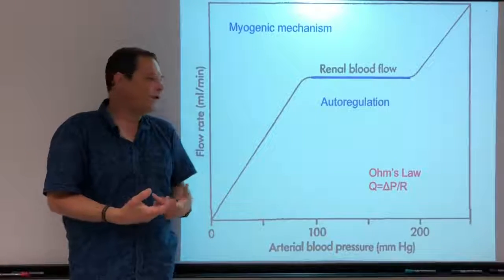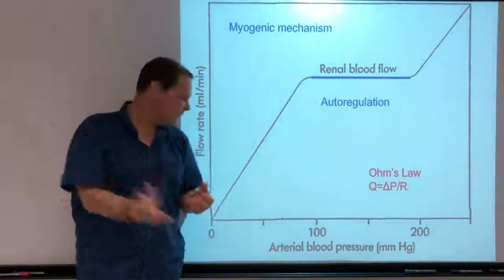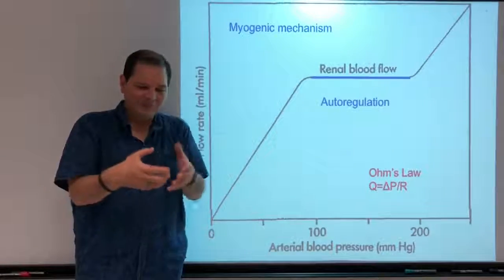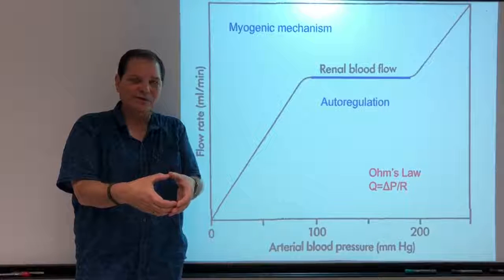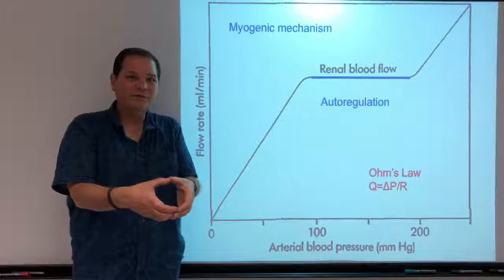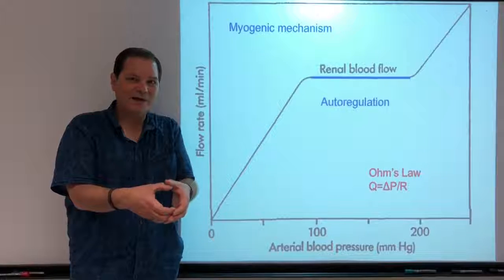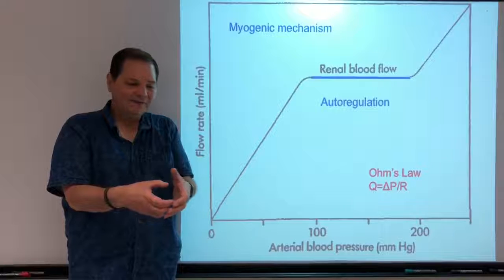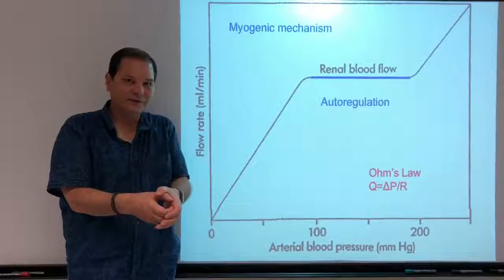If you take an artery, especially from the kidney, and you strip away all the endothelia, you strip away all the nerves, you just have a smooth muscle ring, and you increase the pressure in that ring and you expand the walls, for some reason, nobody really knows, the walls will contract back. Okay? And in fact, you get a net constriction in response to the increase.